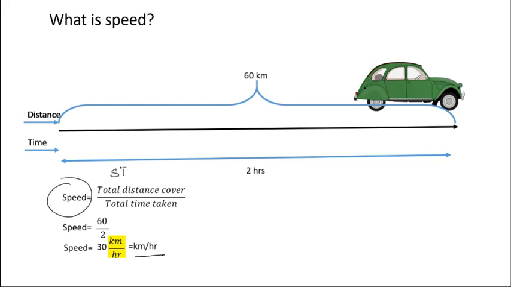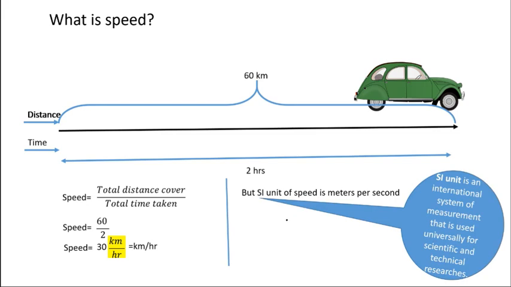Okay, what do you mean by SI unit? And what is the SI unit of speed? The SI unit of speed is meters per second. So that is the SI unit of speed. What is an SI unit? SI unit is an international system of measurement that is used universally for scientific and technical research.